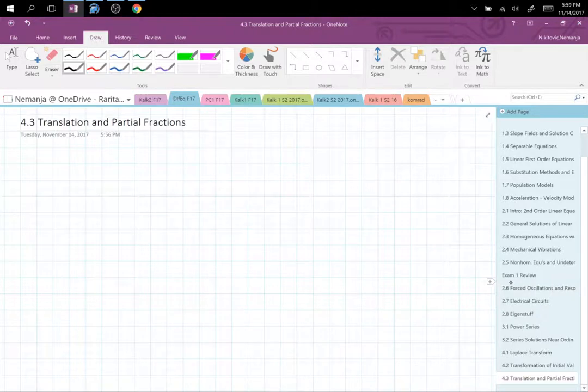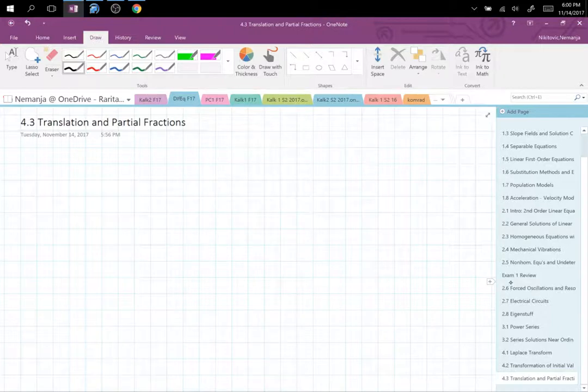Hello and welcome back to Differential Equations, section 4.3, Translations and Partial Fractions. We already used partial fractions to solve equations, and now we just use them again.